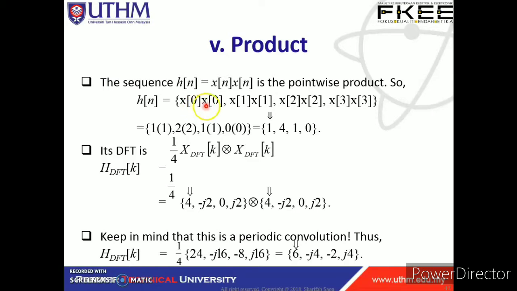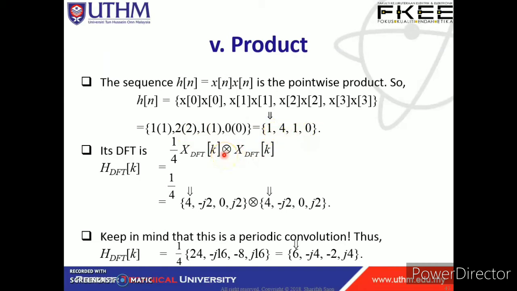For example, x0 multiply with x0, and then x1 multiply with x1, until n equals to 3, which is x3 multiplied with x3. The discrete signal, in our case, xn is equal to 1, 2, 1, 0. So we just multiply with the same signal, and we will get 1, 4, 1, 0.